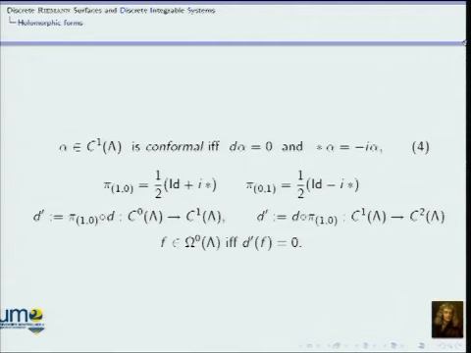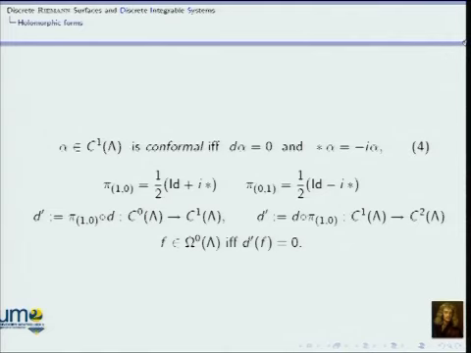So you say that the one form is conformal when it's closed and it's an eigenvector of the Hodge star. That is to say, its value on one edge is related to its value on the dual edge. You can factorize the Laplacian into two.